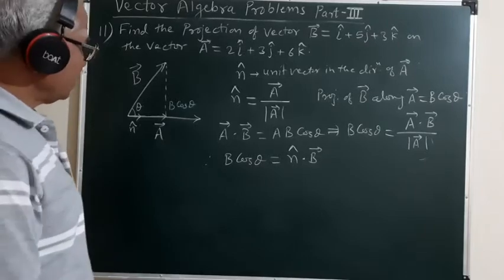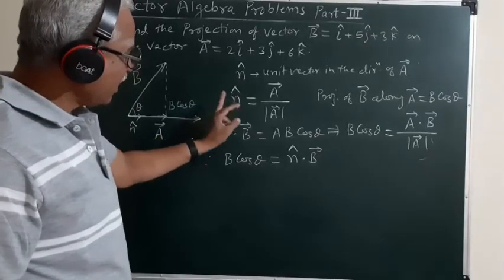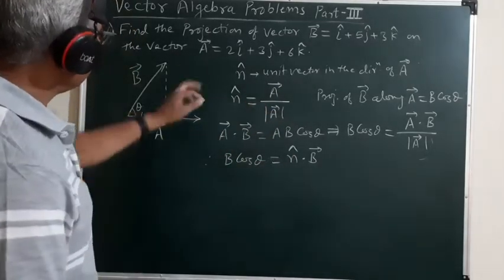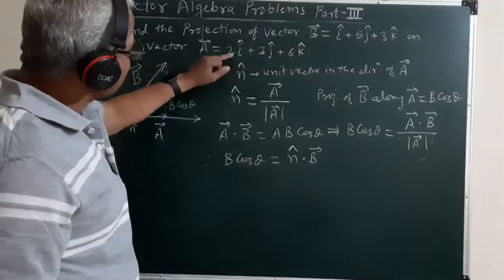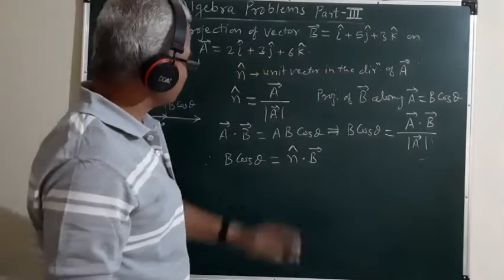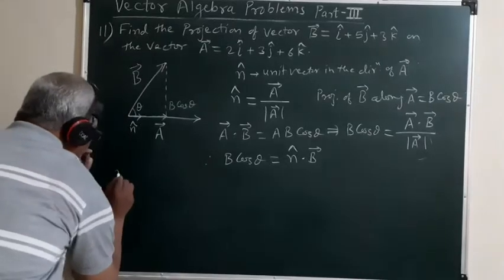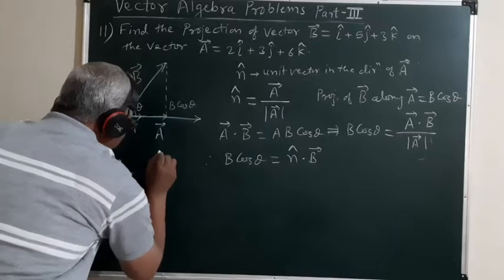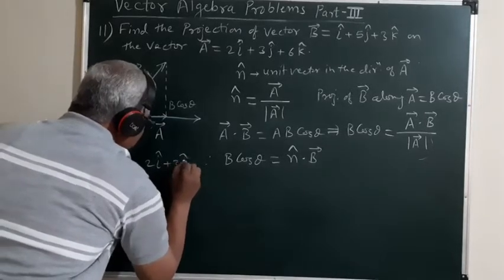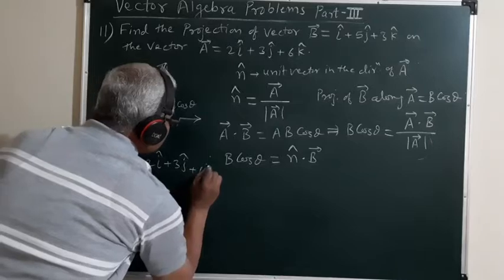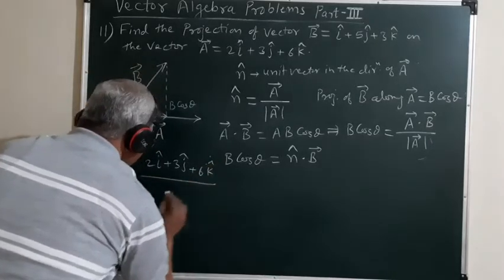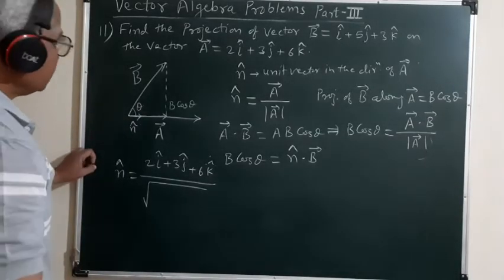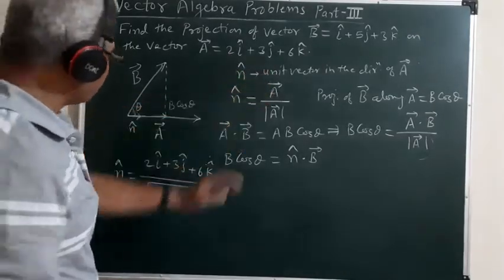Now we can find out the unit vector n cap in the direction of vector a bar. So here we are given vector a bar expressed as 2i cap plus 3j cap plus 6k cap. Therefore n cap is equal to 2i cap plus 3j cap plus 6k cap divided by mod a bar, which is under root ax square plus ay square plus az square.